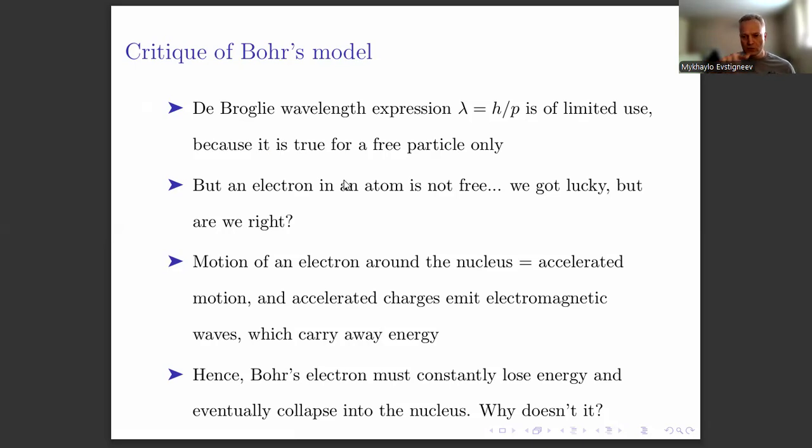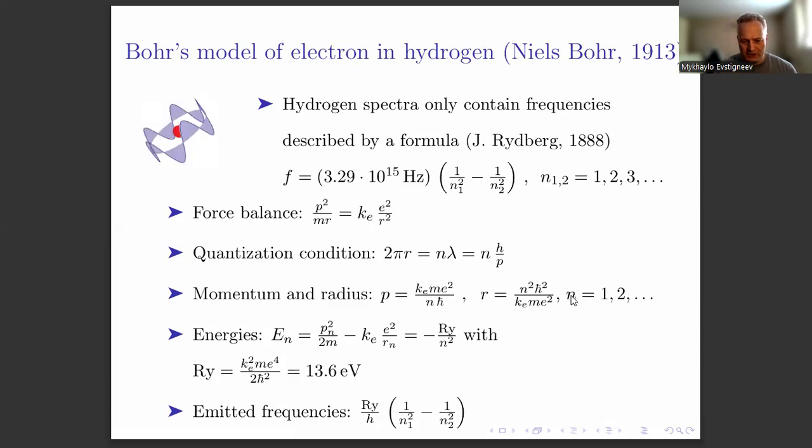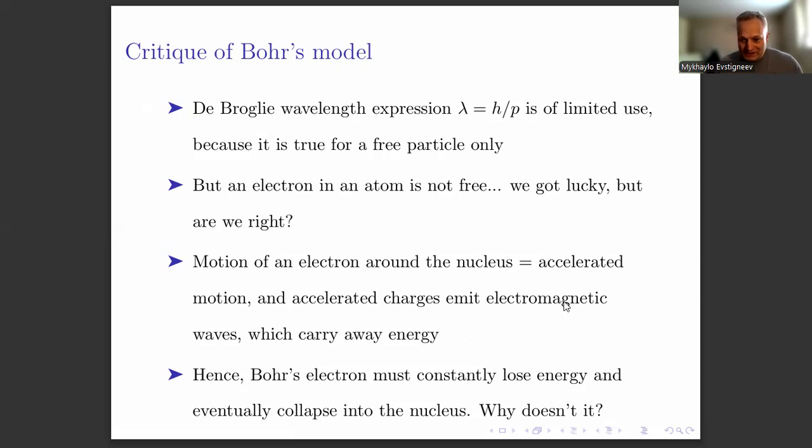So as the electron circles around the nucleus and emits electromagnetic waves, it should constantly lose energy. The radius of that orbit should constantly change. It's unclear why the electron orbit of radius predicted by Bohr's theory should be stable. So that's the second problem.